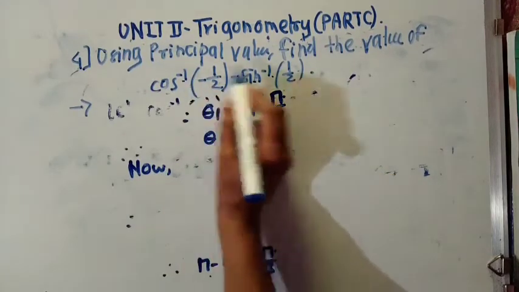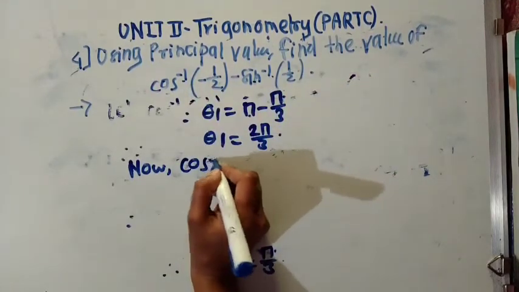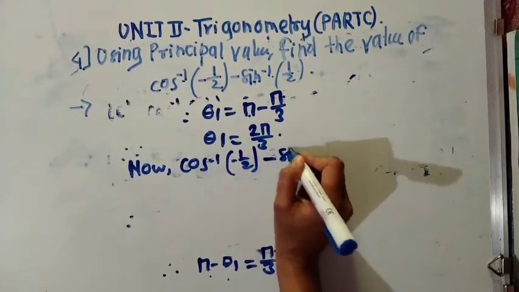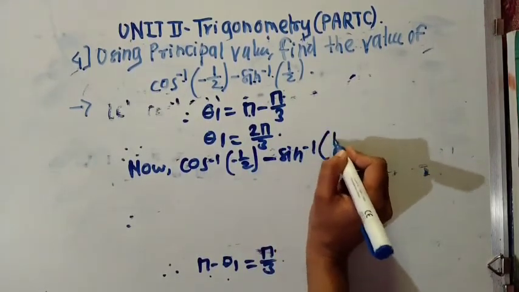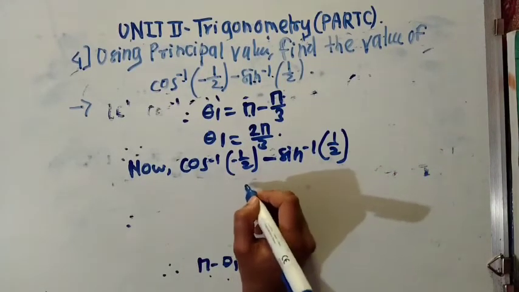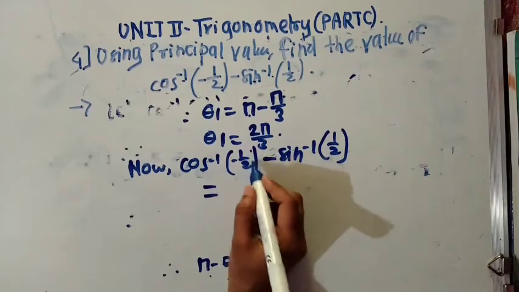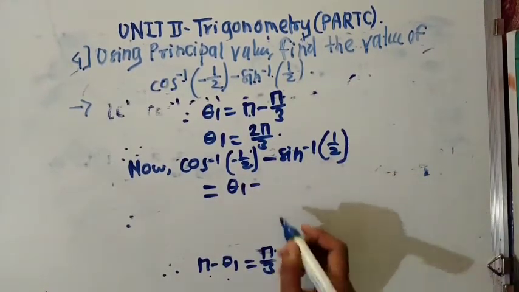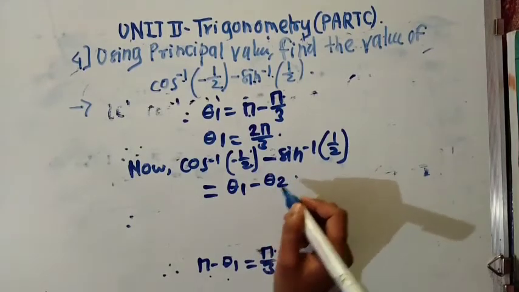Now consider cos inverse of minus 1 by 2 minus sine inverse of 1 by 2, which is theta 1 minus theta 2.